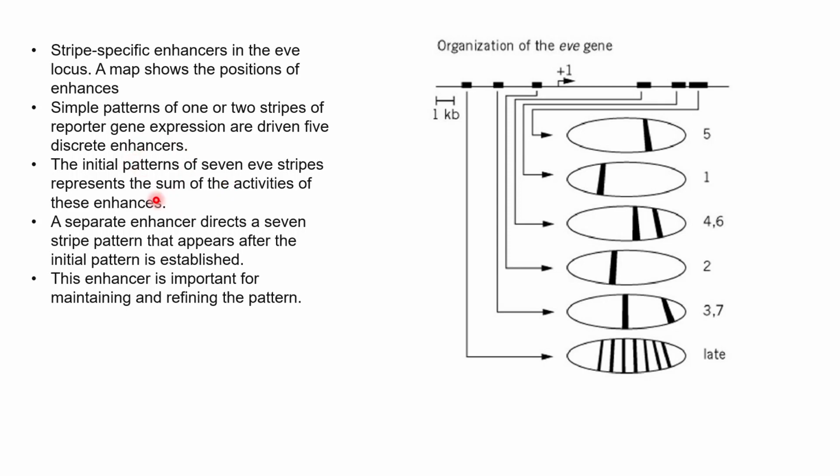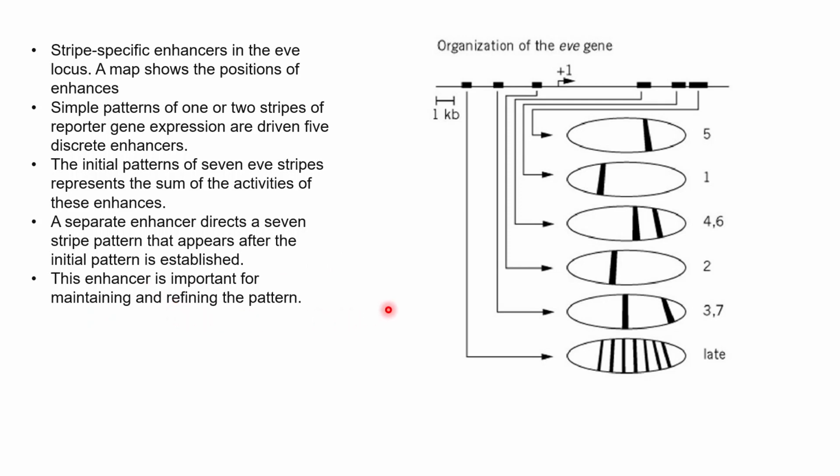This is a verdict for modularity of the enhancer. A separate enhancer directs the 7 stripe pattern that appears after the initial pattern is established. So this now confirms some of the pair rule genes can occur early in time and later in time. This enhancer is important for maintaining and refining the pattern.